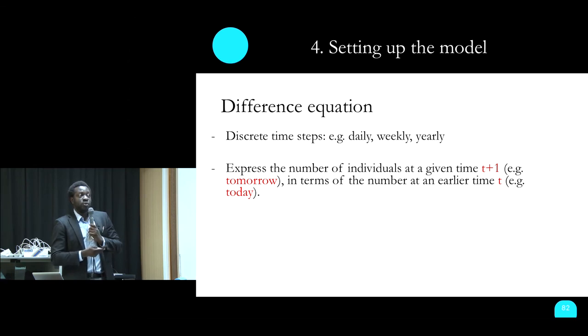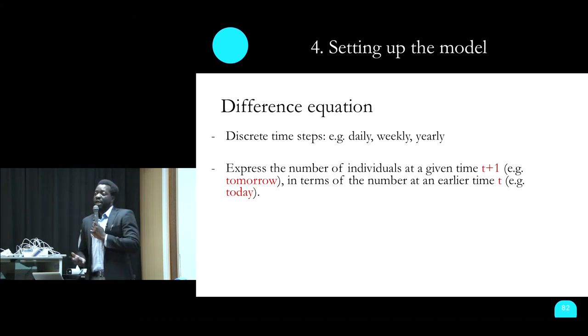So we will use what we call difference equations. A difference equation is generally expressed in terms of time steps: daily, weekly, or yearly. With difference equations, we can express the number of individuals at time t plus 1, for example tomorrow, in terms of the number at an earlier time. Simply, it means that I can predict what will happen tomorrow based on what I know today.